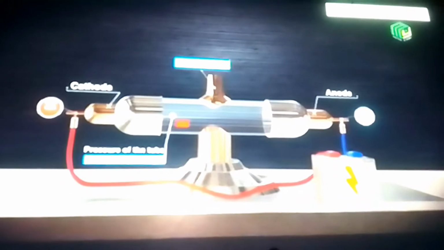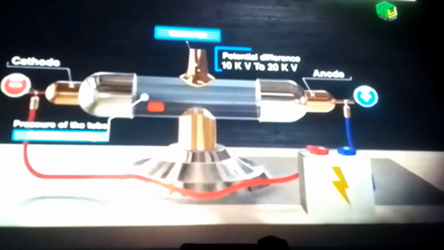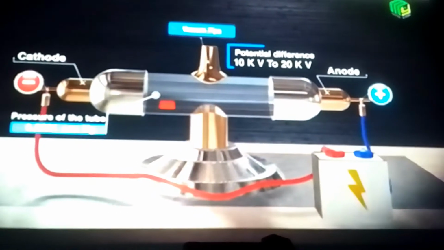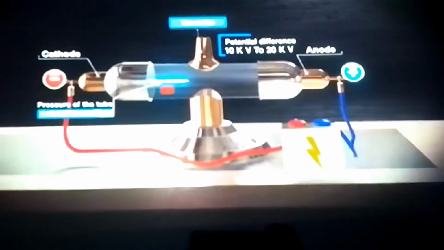However, when the pressure of the tube was reduced to 0.001 mm Hg, and A high potential difference between 10 kV and 20 kV was applied. At the end of the tube, a glow was seen on the walls of glass tube. The rays emitted by the cathode travel towards anode. The attraction of rays towards anode reveals that the rays carry negative charge.